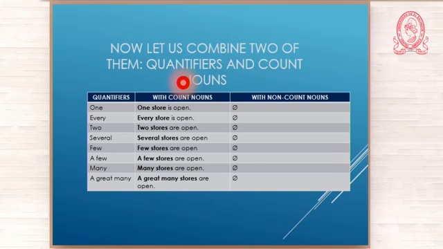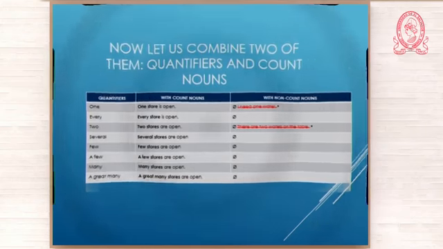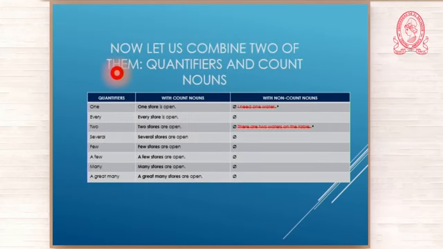Now, one question. Is it possible to combine one of these quantifiers with a mass noun? What do you think? Well, it is not possible. Look at this sentence. I need one water. No, that is incorrect. You cannot say there are two waters on the table.